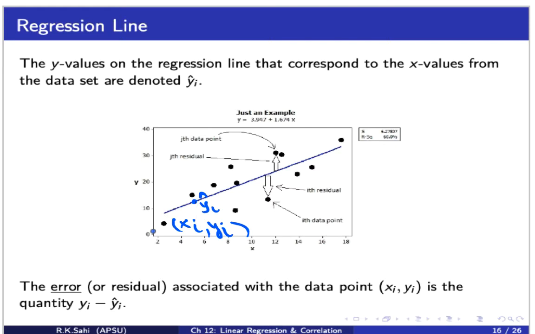As a result, you will notice there are errors, because the original value is this little dot, but there's a little difference here, and a difference over here. These are called the residuals. That means these are the errors associated with the original point. The error is given by yi minus yi cap, or hat, whatever you want to call it. That's the difference.